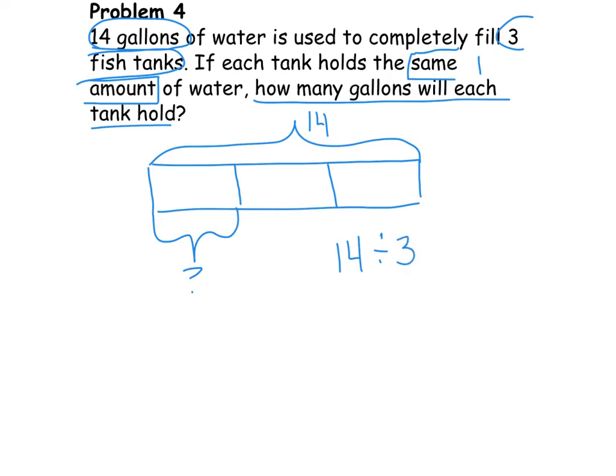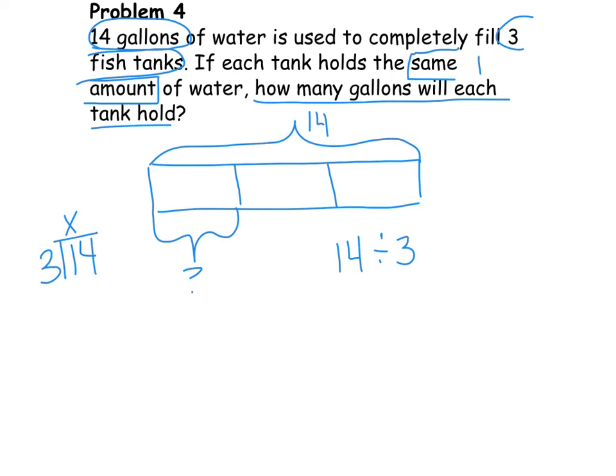So let's show our work over to the side. So 14 is my dividend, 3 is my divisor. So 1 divided by 3, or how many 3's fit into 1? Well, I can't do that, so I'm going to put an X. So now I think of it as 14 divided by 3, or how many 3's fit into 14?